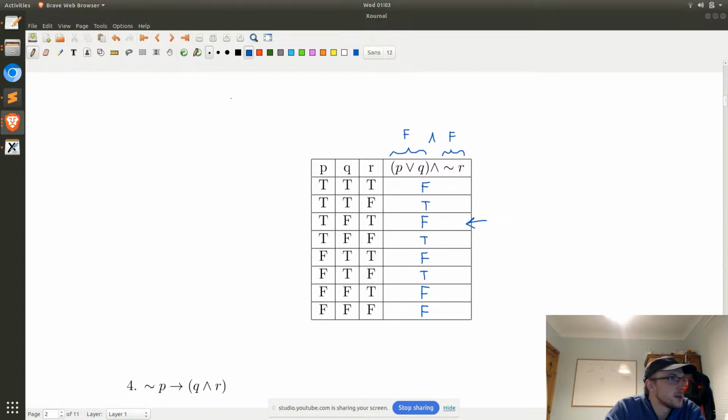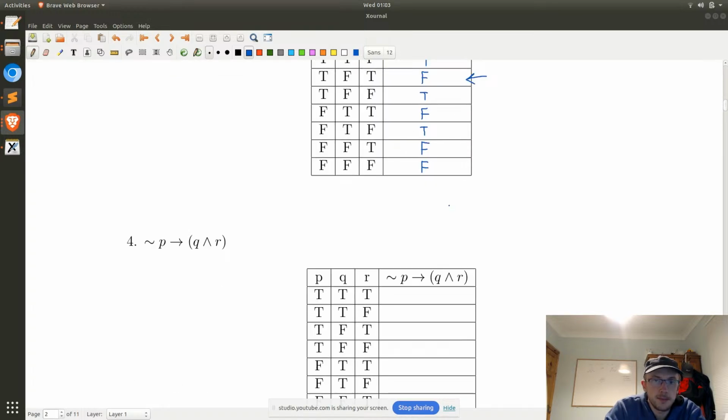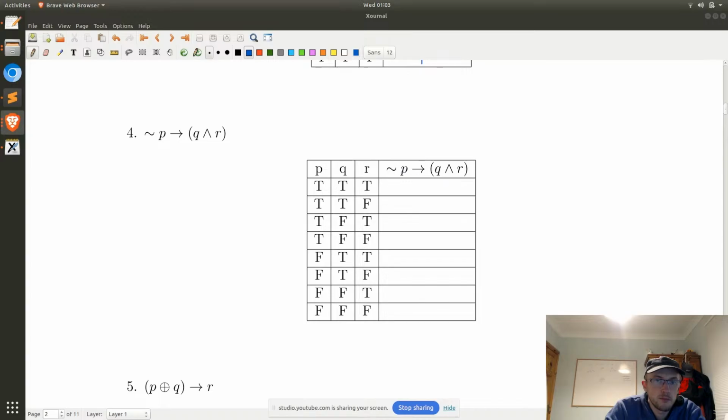Okay, no problem. No, this will be good because then I get to practice typing propositional statements, compound statements, propositional logic.